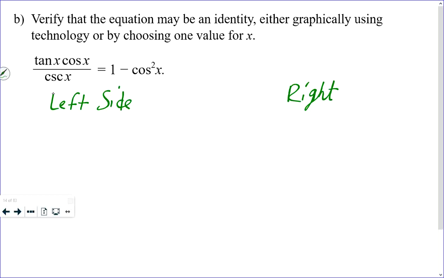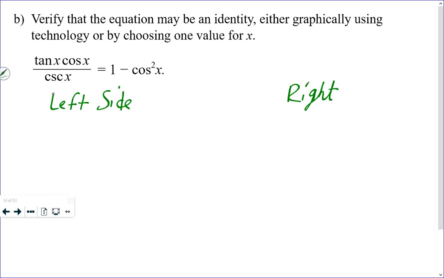So the strategy is for you to take one of the sides and make it into the other side, or take the other side and make it into the first side, or do stuff to both sides separately to bring them together. But you never move across the equal sign. In fact, in a proof, you don't even write an equal sign.